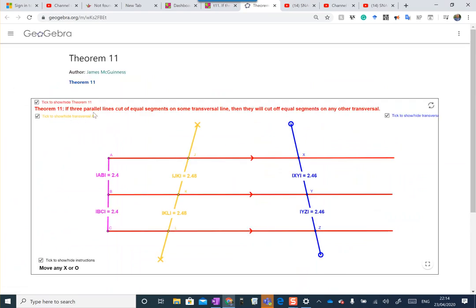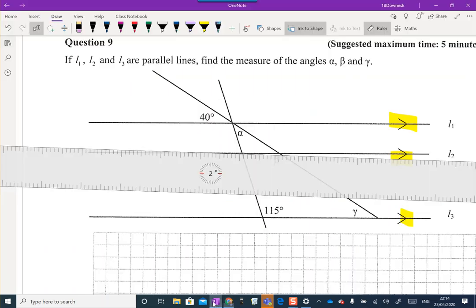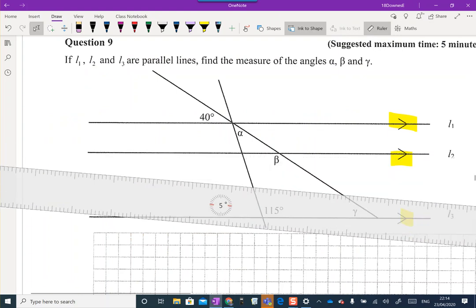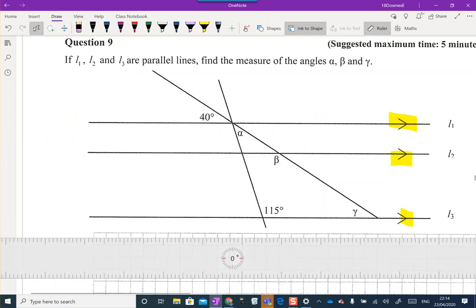Theorem 11. If three parallel lines cut off equal segments on some transversal line, then they will cut off equal segments on any transversal line. So basically, if that's equal to that, then that's equal to that. Now, okay, look, this is not equal to that, but there are some other points.